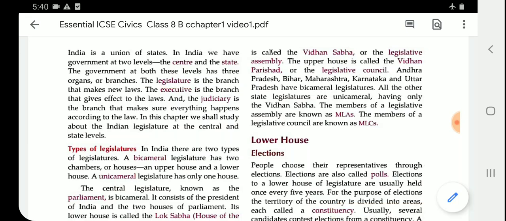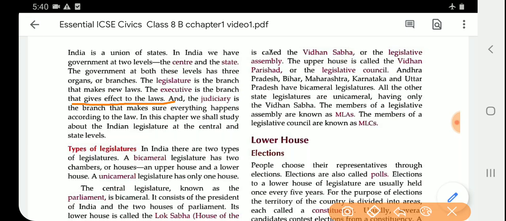Now the second one is executive. What is the meaning of executive? It means concerned with managing, making plans and decisions. This branch has the work to give effect to the laws.